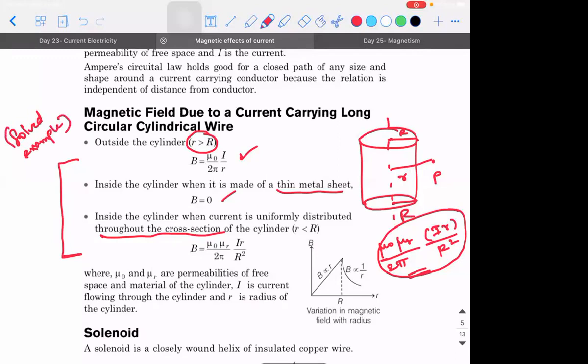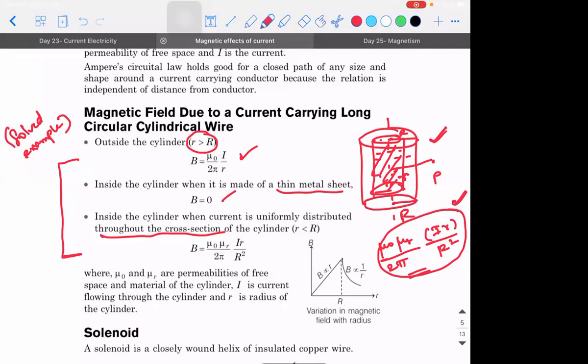So in the solved example, you have a similar kind of question where the current is uniformly distributed through this wire, and we would have applied Ampere's circuital law. The only difference why this expression is changing here is because when you take a small current carrying element inside, you will be considering only the current through this section. The current outside that section is immaterial to us. That is why you will have I into r divided by R square.